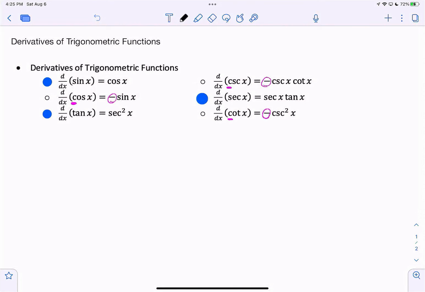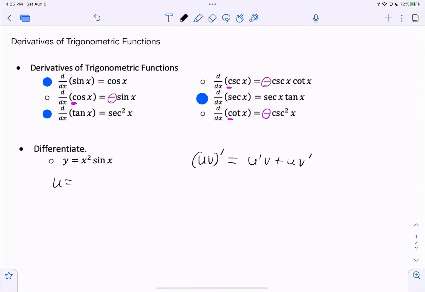And to help with that, let's see them in use. We're going to differentiate y equals x squared times the sine of x. We have here a product. It's the derivative of u times v. And the derivative of u times v is u prime v plus uv prime, according to how I remember the product rule. Here we're going to say that u is equal to x squared and v is equal to the sine of x.